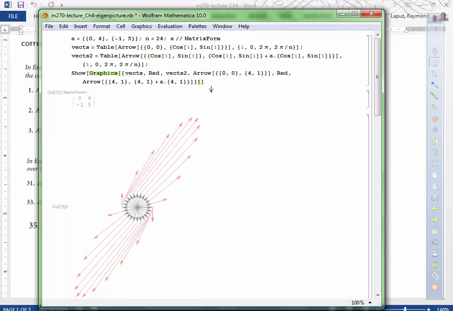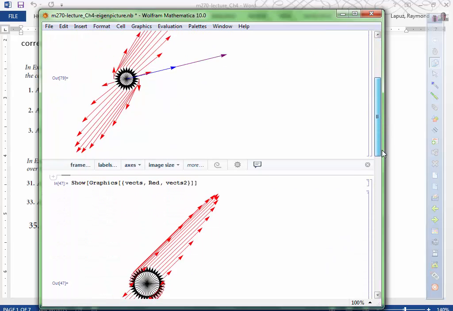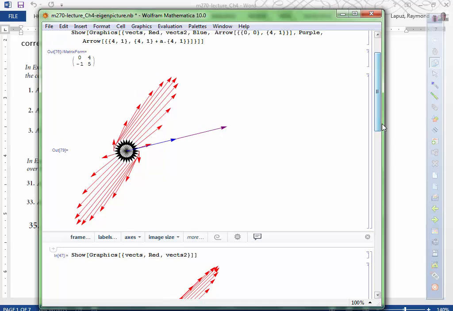And I'm going to color it blue and purple. So if we, yeah, it's there.